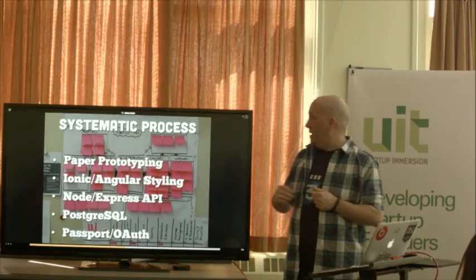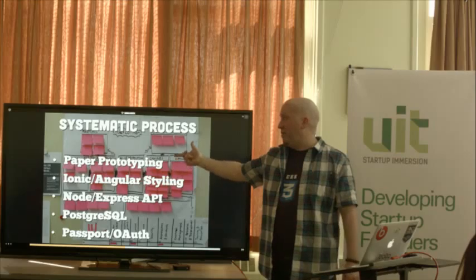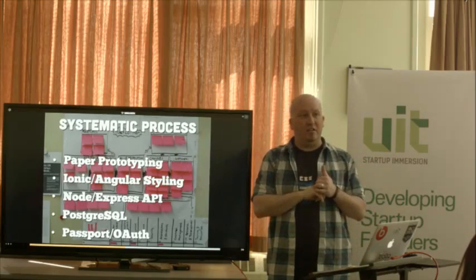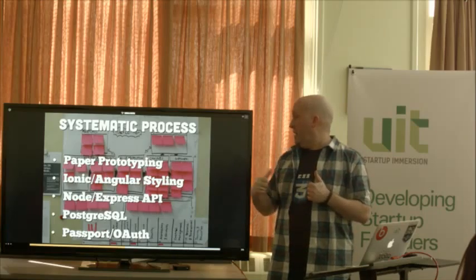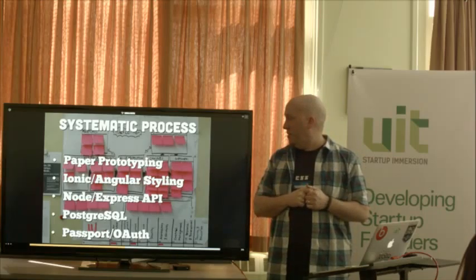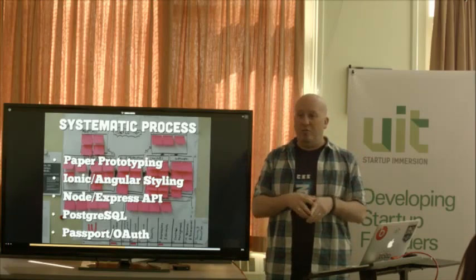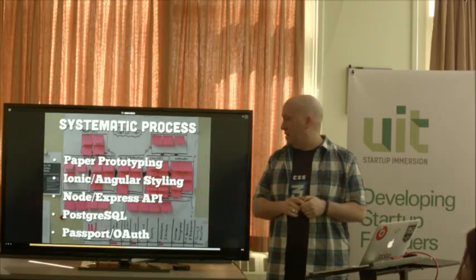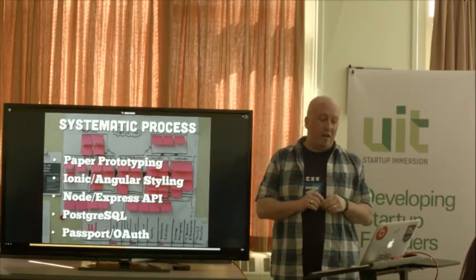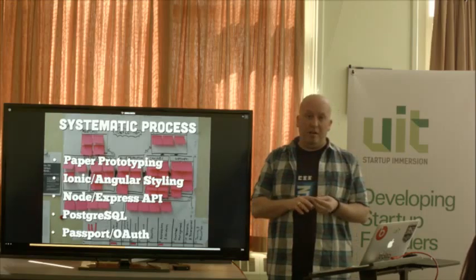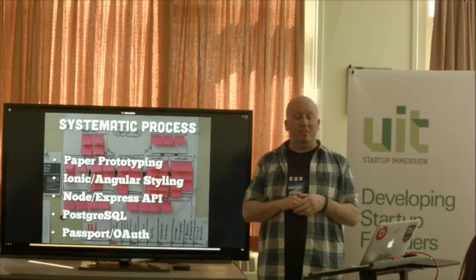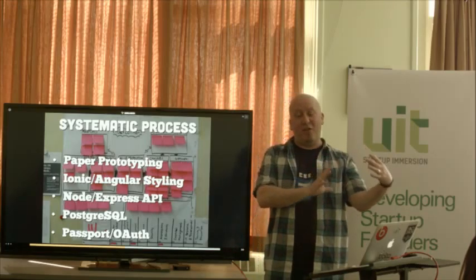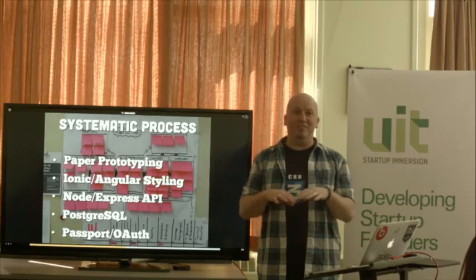I started with paper prototyping, or POP app on the iPhone, and I'm going to show you what that looks like right now. Then I got in and mainly played around a lot with Ionic and dove into Angular a lot. And then I rewrote last week the Node API from Jeff's tutorial because of something I saw in Shona's code on GitHub, where she had used the front end and the back end as two separate projects.